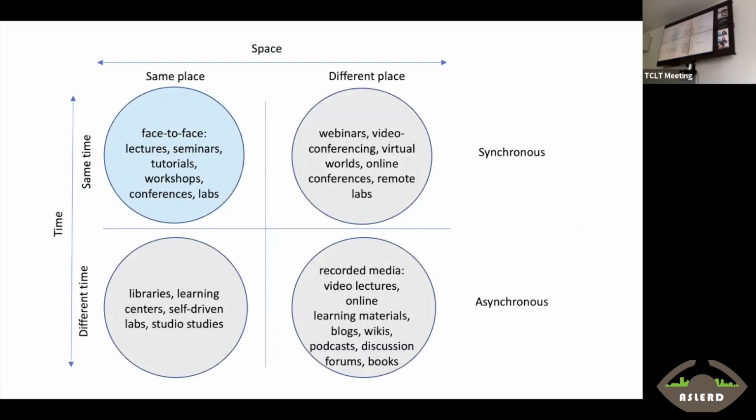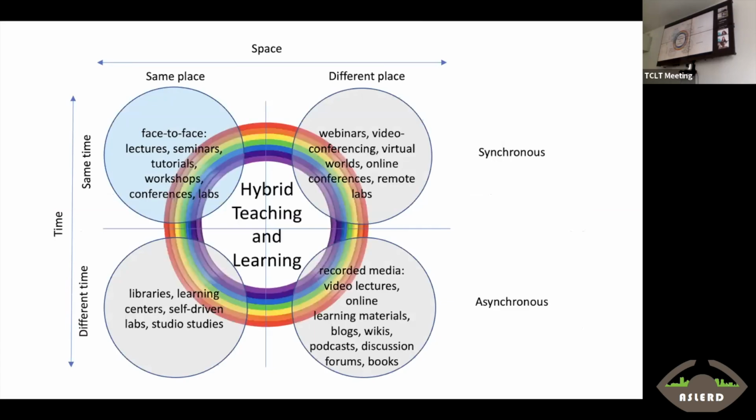So if we get back to the classical picture of these different times and different places, we would say that hybrid teaching and learning is actually combining all these. In a way, the lower corner, the libraries, learning centers, self-driven labs, studios, are infrastructure that all the universities already have.